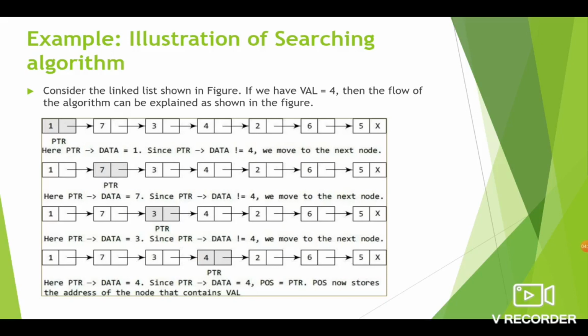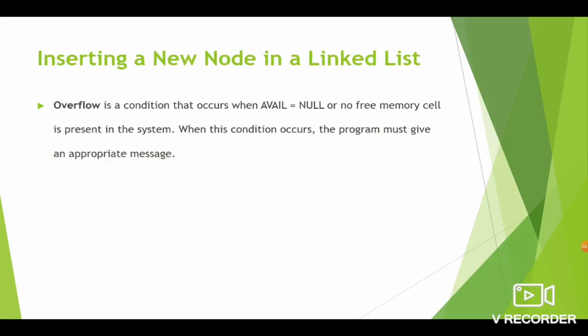Again both are different, so move to the next node. My node data is 4 and my searching value is also 4. So now my searched data is found in the linked list, so I can return the address of that node. So this is what happens in searching a particular value in the linked list.